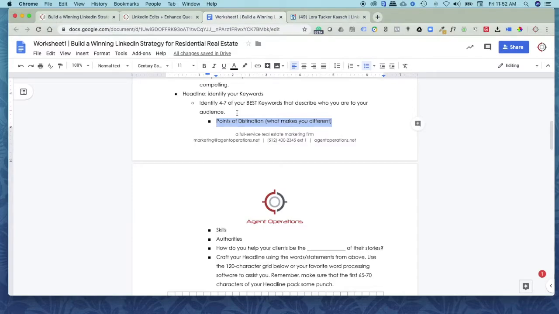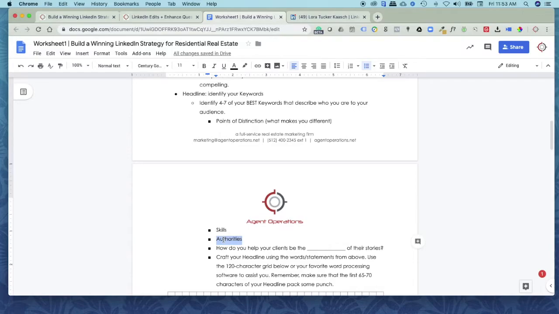Don't just tell them what you do, but try to draw in that emotion, showing what you do differently. Next, something really helpful in identifying your keywords is your skills. Are there particular skill sets that you have that make you different? Are there designations that you've worked hours and hours for, or compiled transaction volume for in order to get them? Those are important. Then think about your authorities. What are you an expert in?